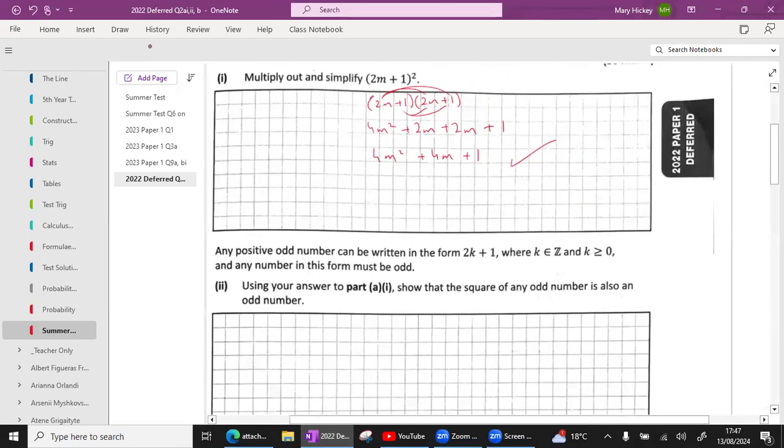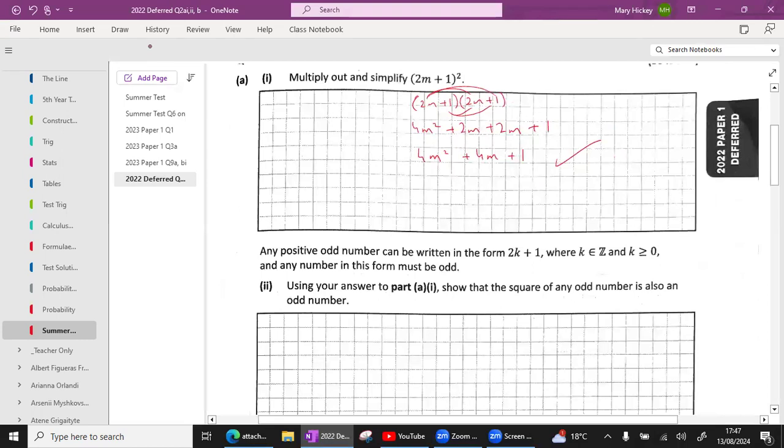Any positive odd number can be written in the form 2k plus 1. So let's talk about why that is again. The definition of even is it's divisible by 2. So in other words, you can divide into the number without there being a remainder.